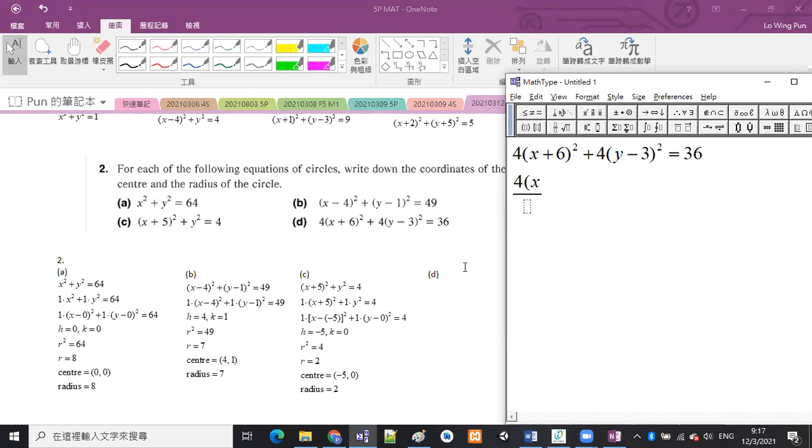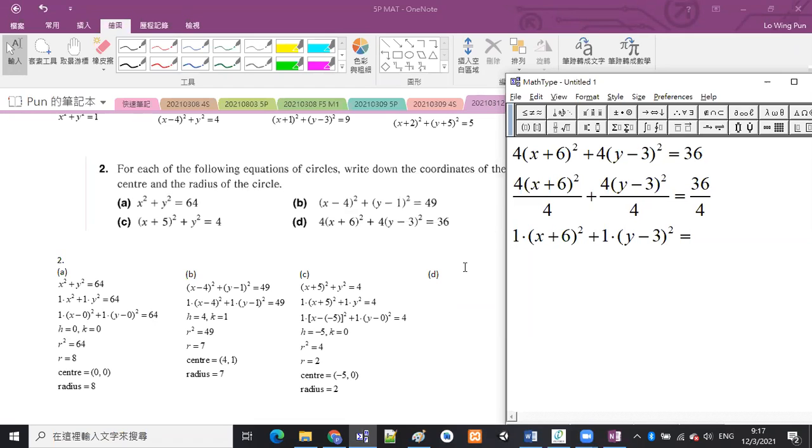Okay, it's 4 times x plus 6 squared over 4 plus 4 times y minus 3 squared over 4 is equal to 36 over 4. Okay, the 4 and 4 will be cancelled, so it becomes 1 times. And it's also 1 times y minus 3 squared.